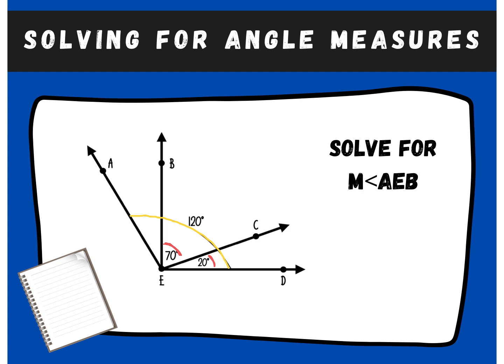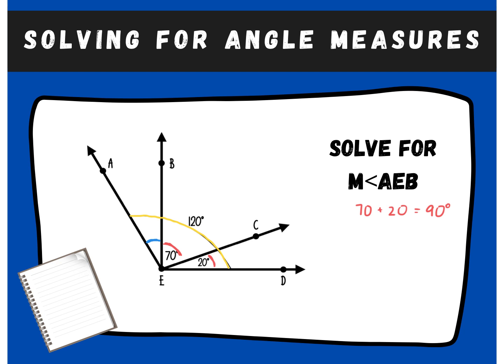What I'm looking for in this problem is one of the remnants, one of the pieces that makes up angle AED. So I need to take this time the full angle and take away the 2 pieces that I know. So let's do that. So far I know that I have a 70 degree angle and a 20 degree angle, and together those make up a 90 degree angle, which I know is a right angle.